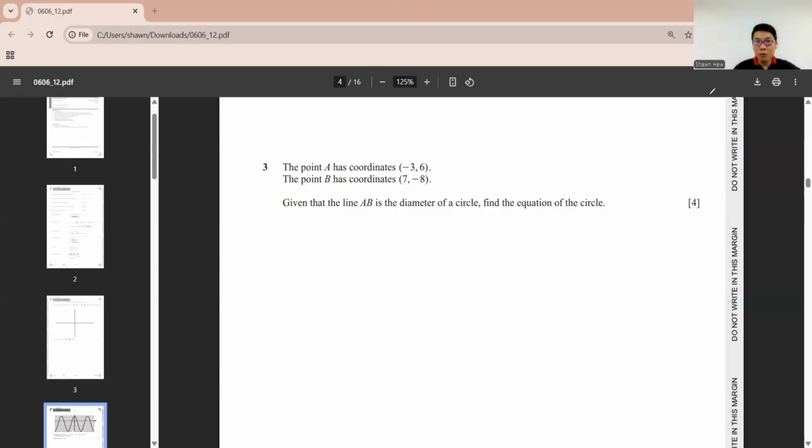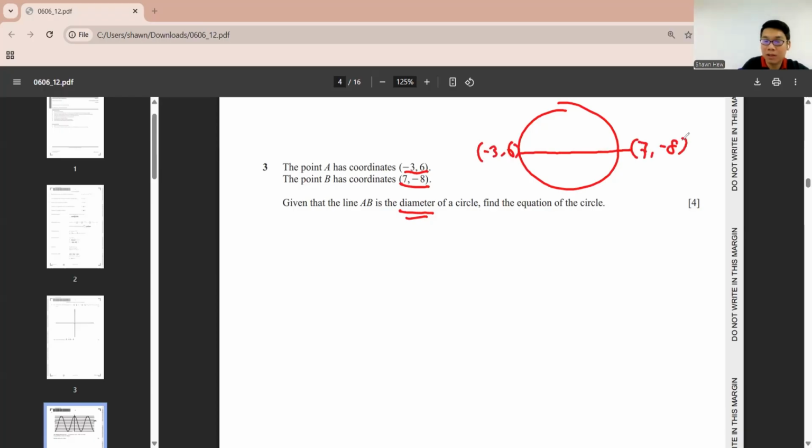Third question, the new syllabus circle geometry coordinate. They say point A has this coordinate, B has this coordinate, and AB forms the diameter. This information is quite straightforward because to find the equation of the circle, we need the coordinate of the center and also the radius squared. To find the coordinate of the center, it's just the midpoint of the diameter.